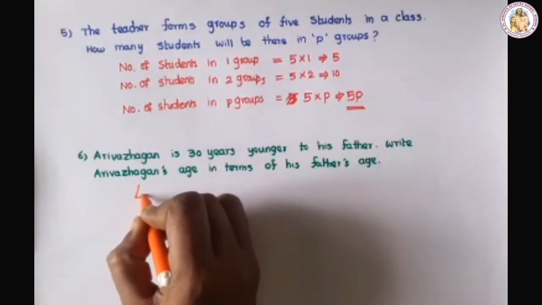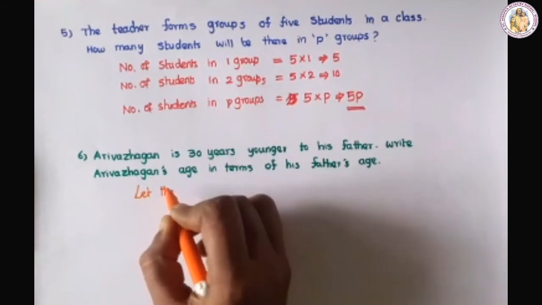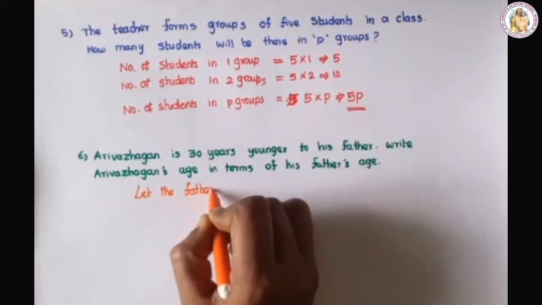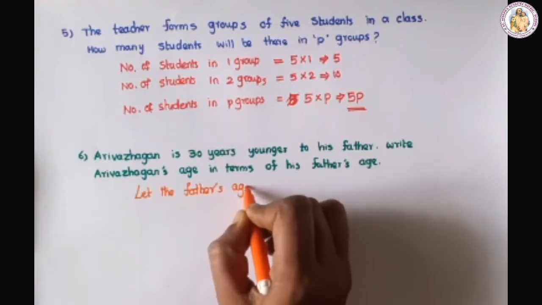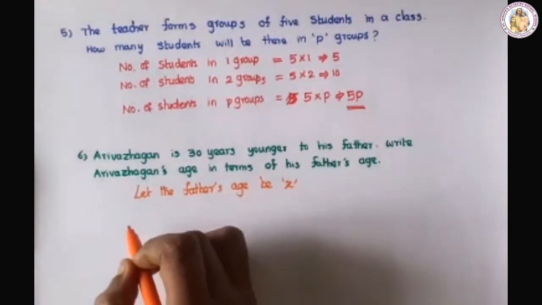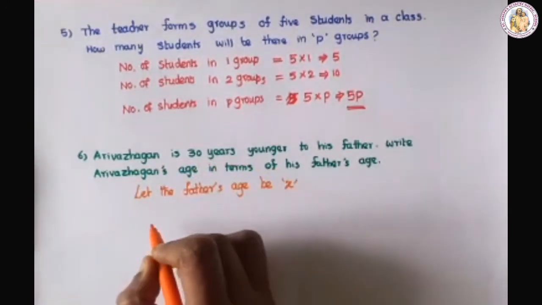So, let the father's age be x. So, Arivalagan is 30 years younger than his father.